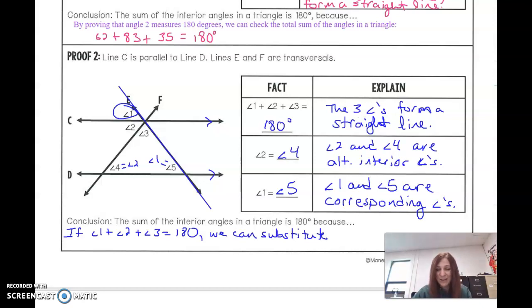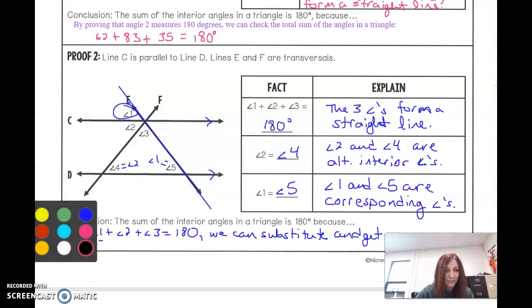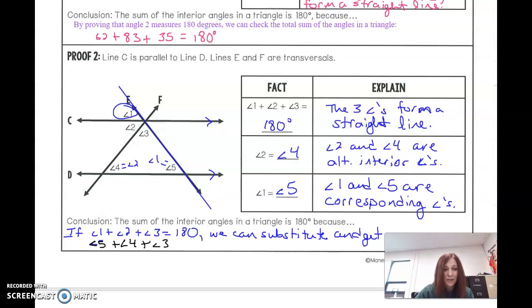Instead of angle 1 here, we're going to say angle 5, plus angle 2 is angle 4, and we want angle 3, and that's going to equal 180 degrees.